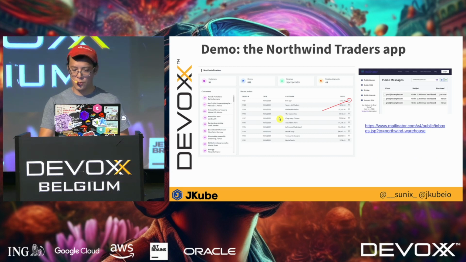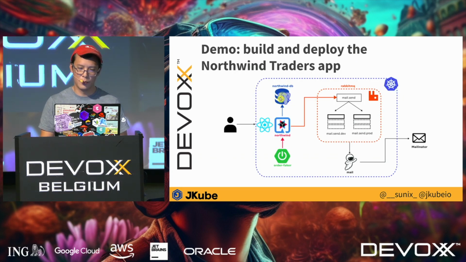It's because if you look at this diagram, there is this application, order faker. So the name is saying what it is doing. It's creating fake orders and calling the Northwind REST API to add new orders every second. And then once there is a new order, the Northwind application will store the orders in the database.